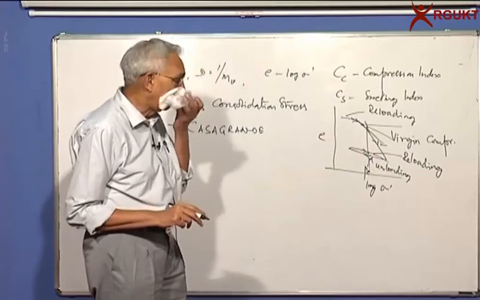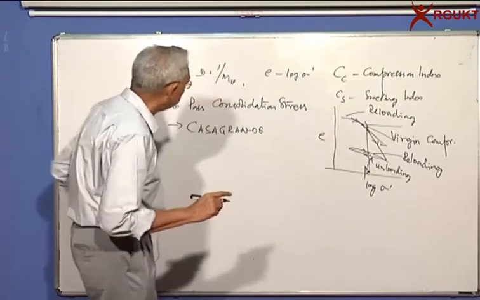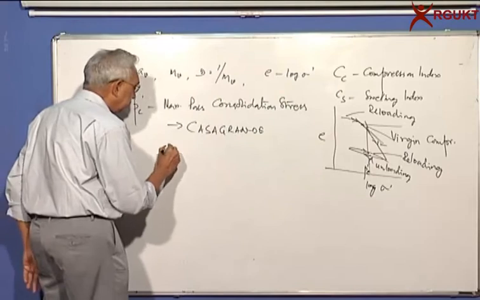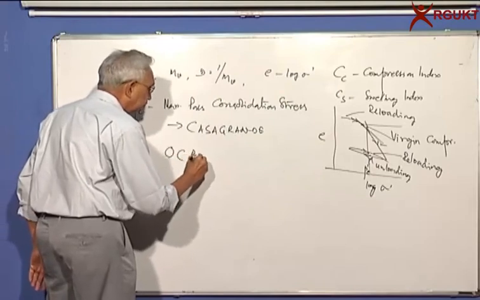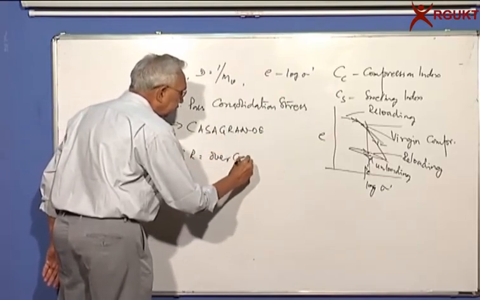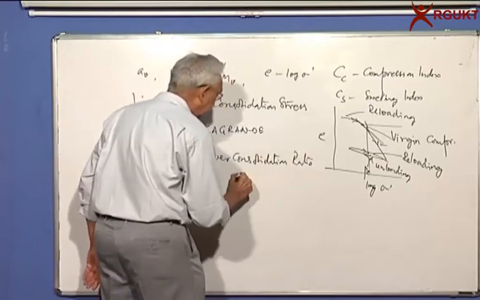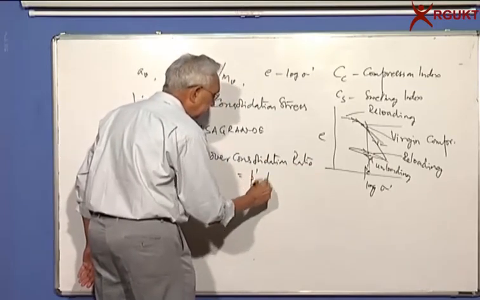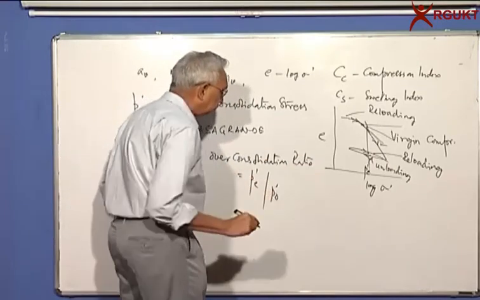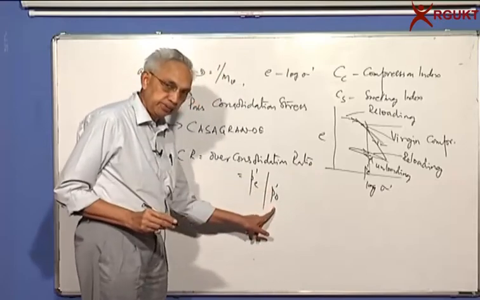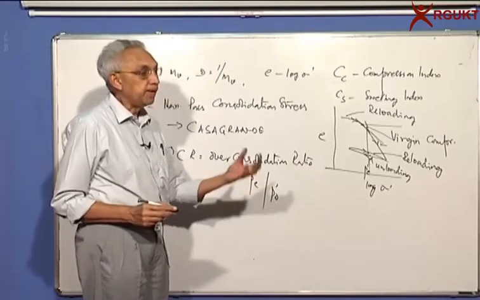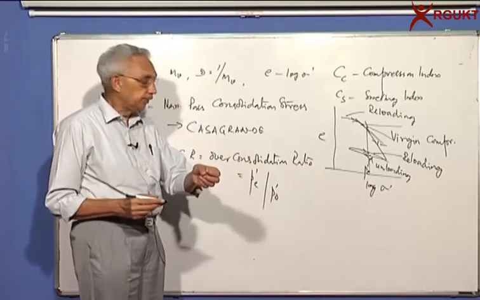And once you determine the maximum past pressure, we define another parameter called OCR, over consolidation ratio, which is equal to P dash c by P naught prime. This is the current effective stress in the sample at the depth from which you have taken it out of the ground.